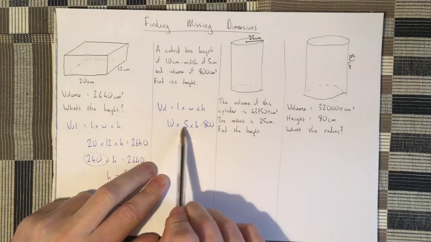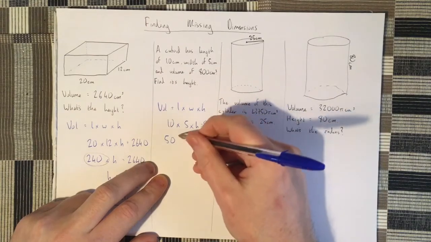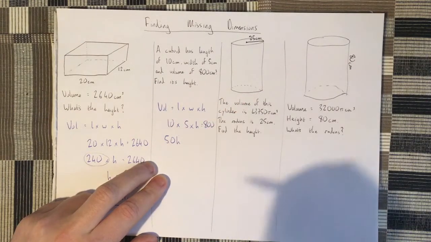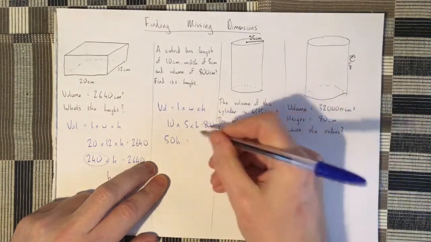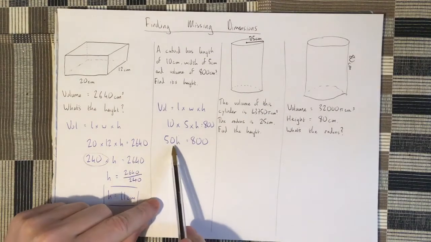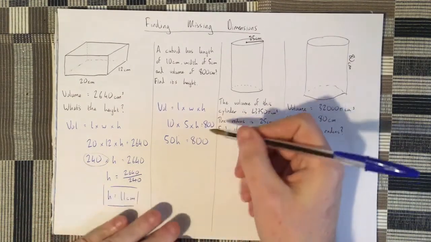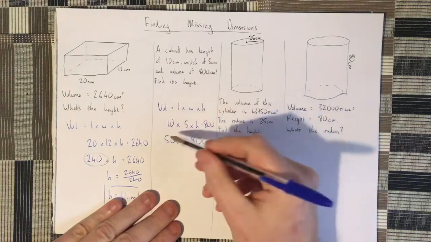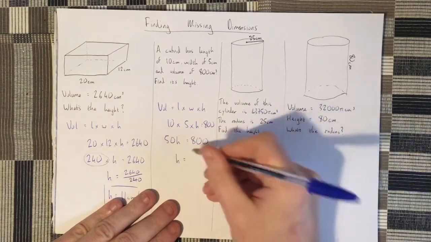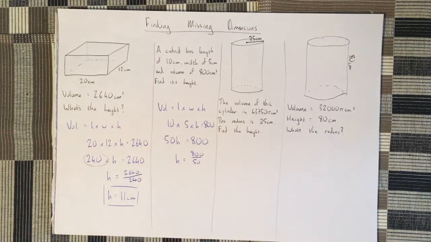Over here, 10 multiplied by 5 is 50. So I've got 50 multiplied by h, which sometimes you'll see written as 50h without the multiplied by sign. So 50h is equal to 800. To get rid of this 50, I'm going to divide both sides by 50. 50h divided by 50 is h, and then 800 divided by 50 on the other side.